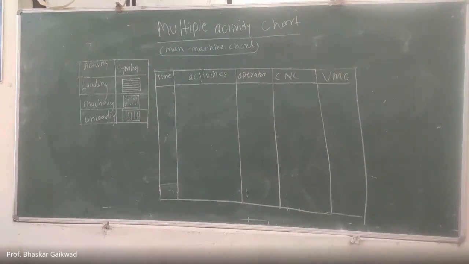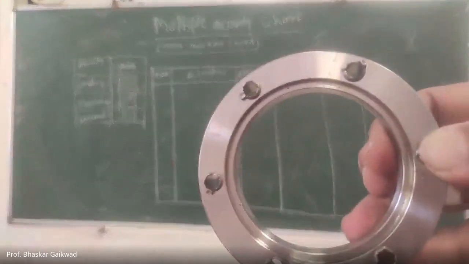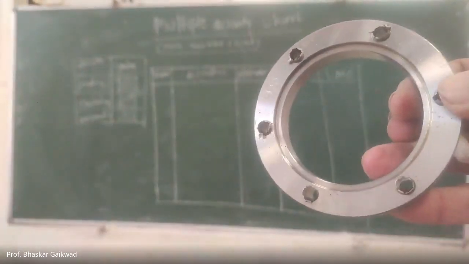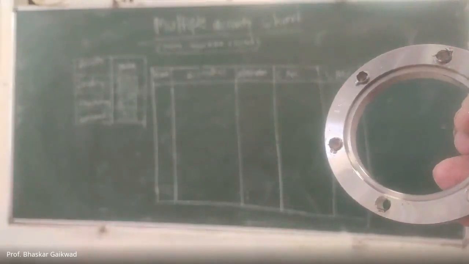So you can write the activities one by one, and after this, you can go for the next one. So initially, the loading to the first machine. In the initial operations, you can see the first ID, the facing and step turning we have to do on the CNC machine.